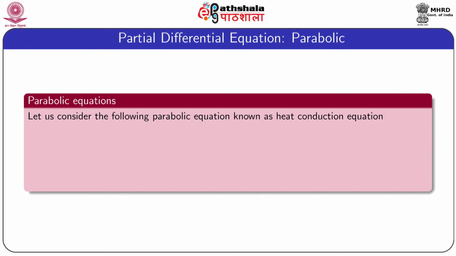Now we consider the parabolic equation, and this equation is to be solved by the finite difference method. Let us consider the following parabolic equation known as the heat conduction equation. This is the simplest example of a parabolic equation we have mentioned in the previous slide.